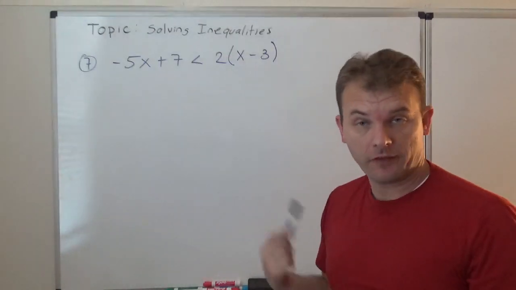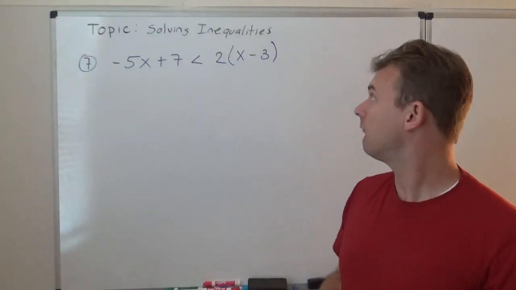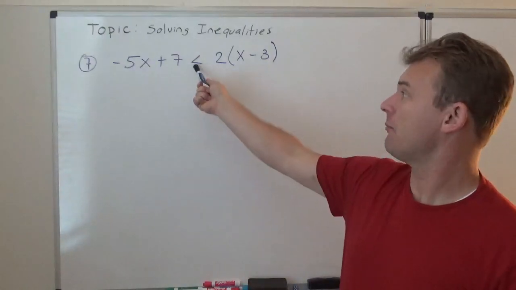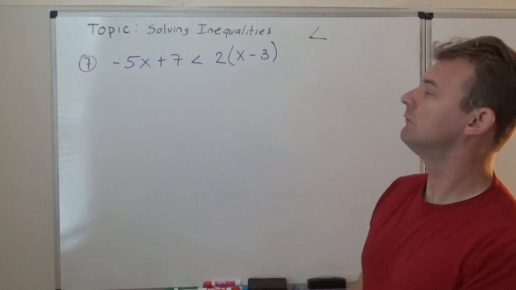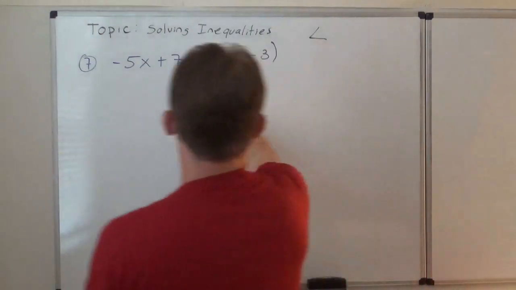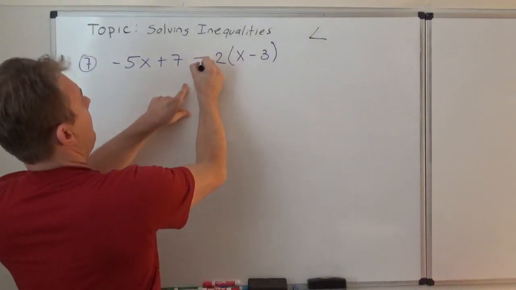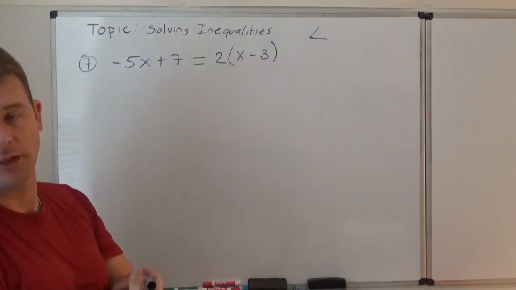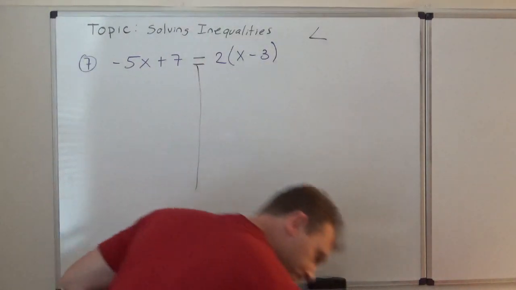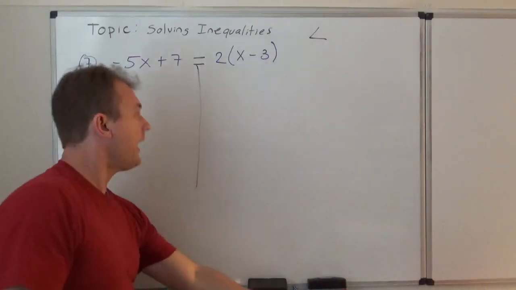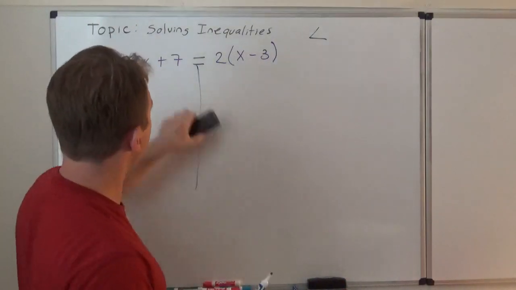Now, solve for the unknown. What you could do, if you're bothered by that inequality, is just remember it's less than and treat it as an equal sign to help you out. So here's your numbers. And here we go.